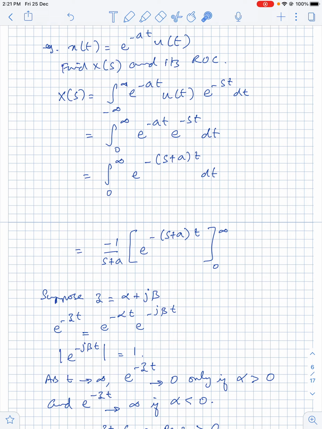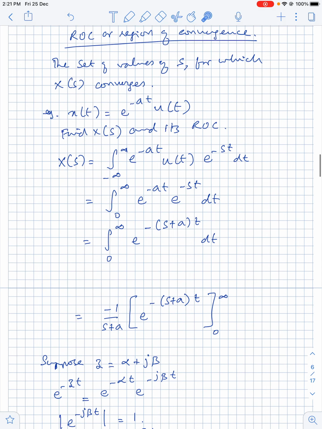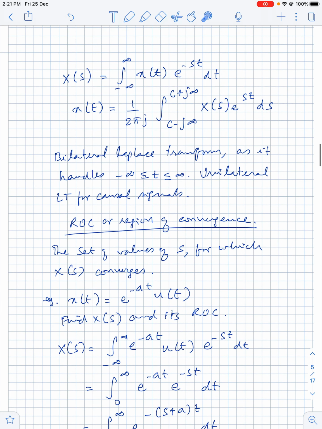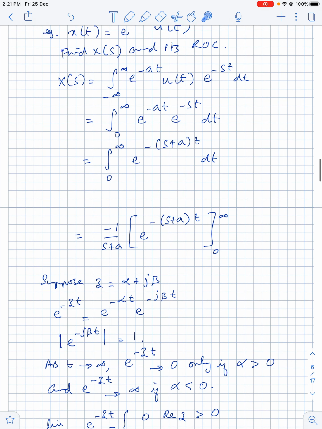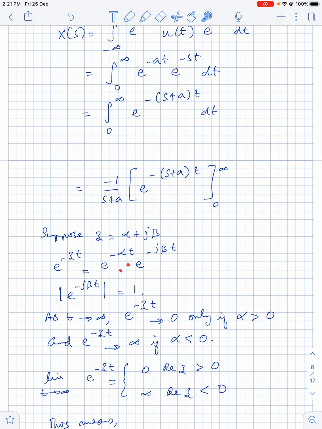So we will always be looking at the magnitude, and when we are worried about convergence, we are worried about convergence of the magnitude. If you look at the magnitude of e raised to minus j beta t, it is 1. So if you want to find the value of e raised to minus zt at t equal to infinity or t equal to 0, we need to worry only about e raised to minus alpha t. So what will this tell me?